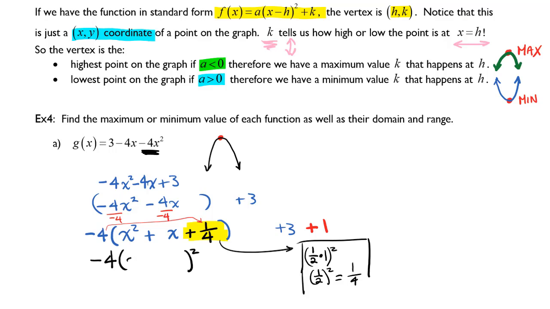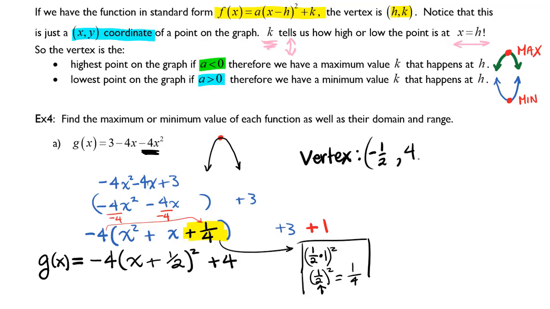Rewriting this so it is in standard form, I will always put the 1/2 in for my constant, plus 4. So this is g of x in standard form. That gives me a vertex of negative 1/2, 4.